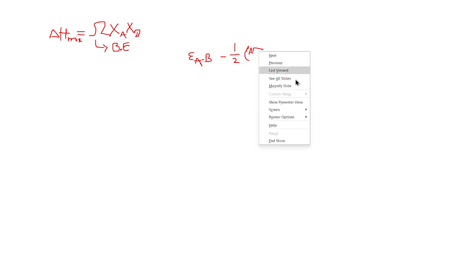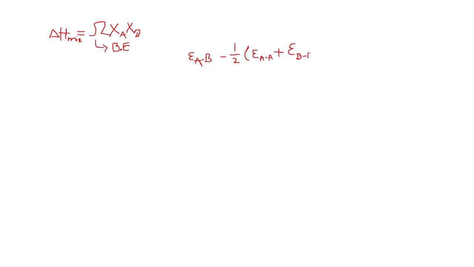AA, so bond energy of AA plus bond energy of BB. This is my total bond energy, right?